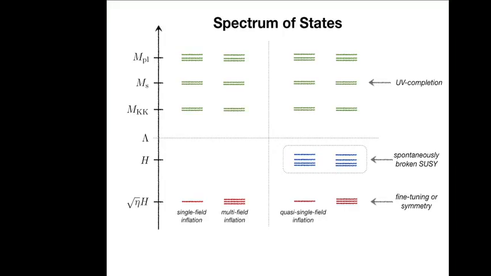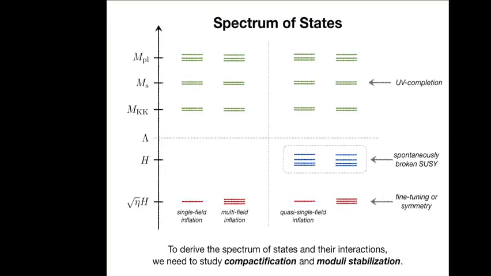So just because we have the eta problem, we naturally expect that there would be fields living at this threshold value. And in fact, we have a problem usually explaining why not all the fields are living up here. Okay? So this kind of spectrum of states, I think, is natural in a supersymmetric setting, but it's a bit harder to analyze what the fluctuations look like in this case, because these fields can still contribute to the fluctuations quantum mechanically during inflation.